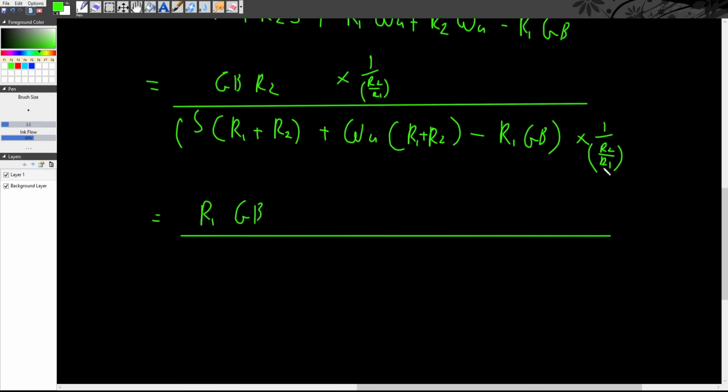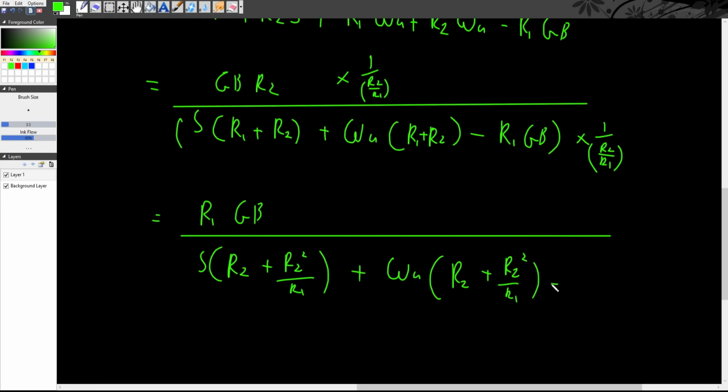So the R2 is going to be on the bottom, R1 is going to be at the top, and if you're multiplying across, it's going to be S into R2 plus R2 squared by R1 plus omega A into R2 plus R2 squared by R1 minus R2 GB.